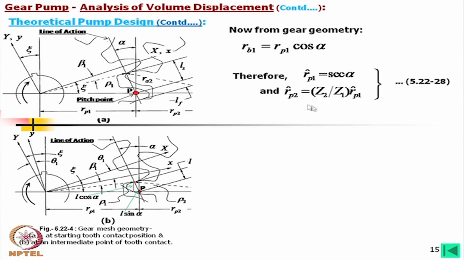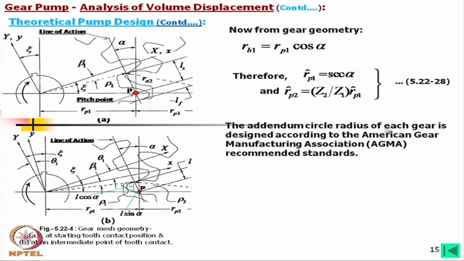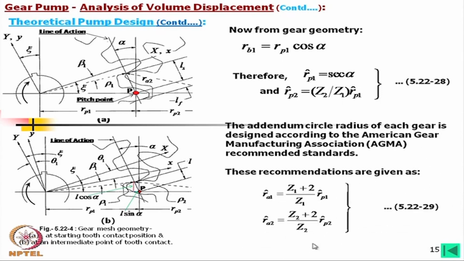With that, R P 2 is given by this one, and the addendum circle radius of each gear follows the American Gear Manufacturers Association standard, that is the AGMA standard, in which, according to their recommendations for the gear pump, R A 1 is equal to (Z 1 plus 2) divided by Z 1 times R P 1, which means the addendum factor is 2 by 2, that is 1.